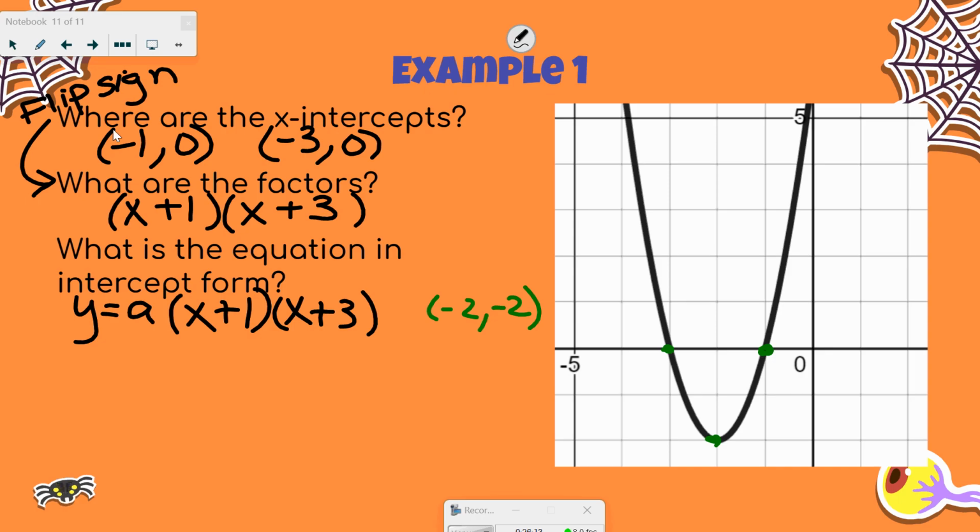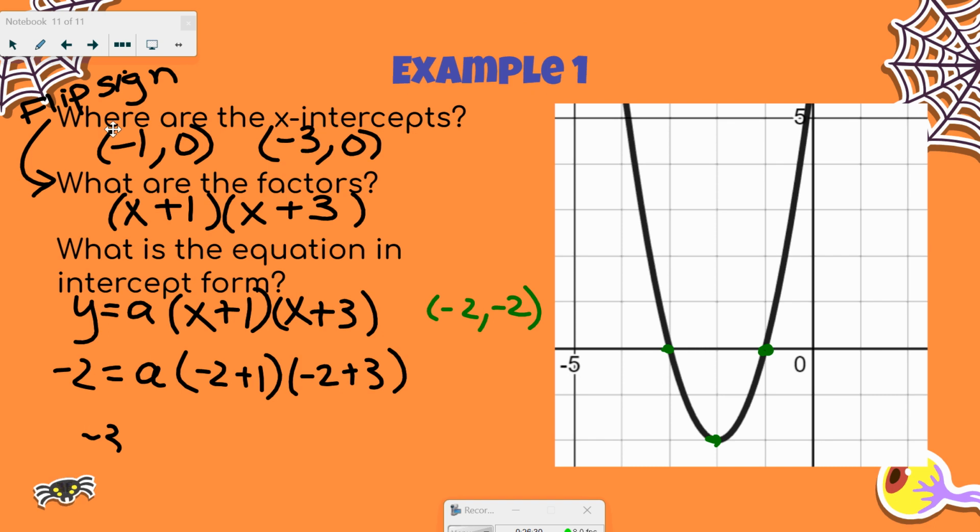So instead of y, what value am I going to replace it with? -2. Good. And instead of x, we'll replace it with -2. Good job. So solving for A from here, I know -2 plus 1 is -1, and then -2 plus 3 is 1.